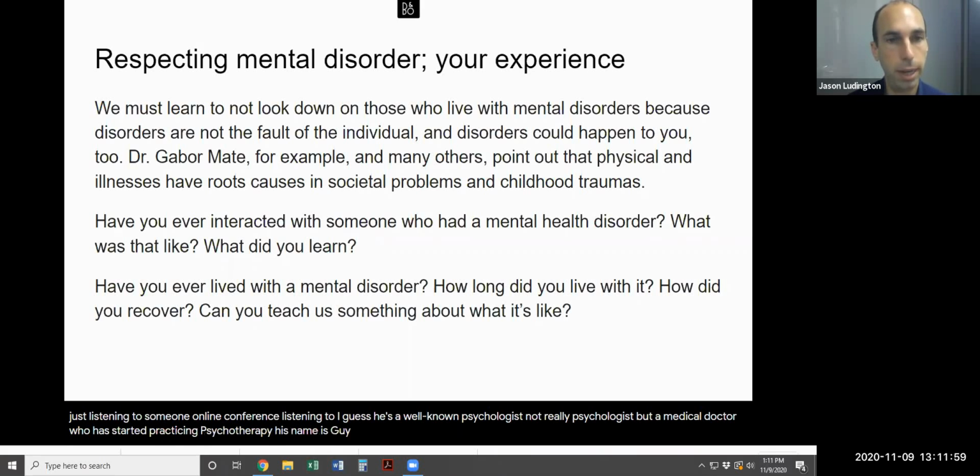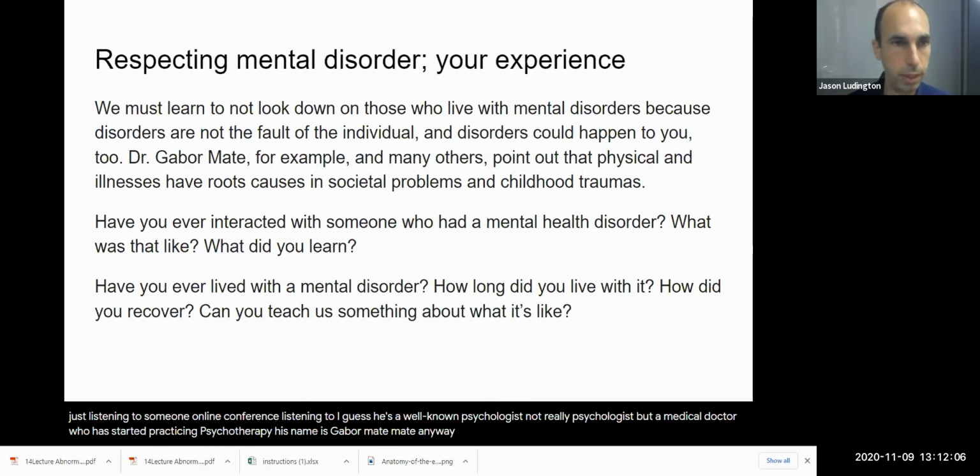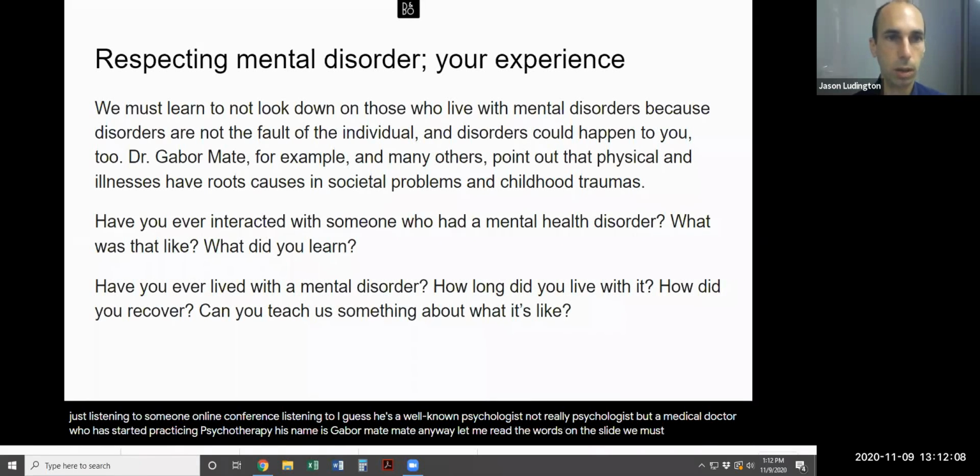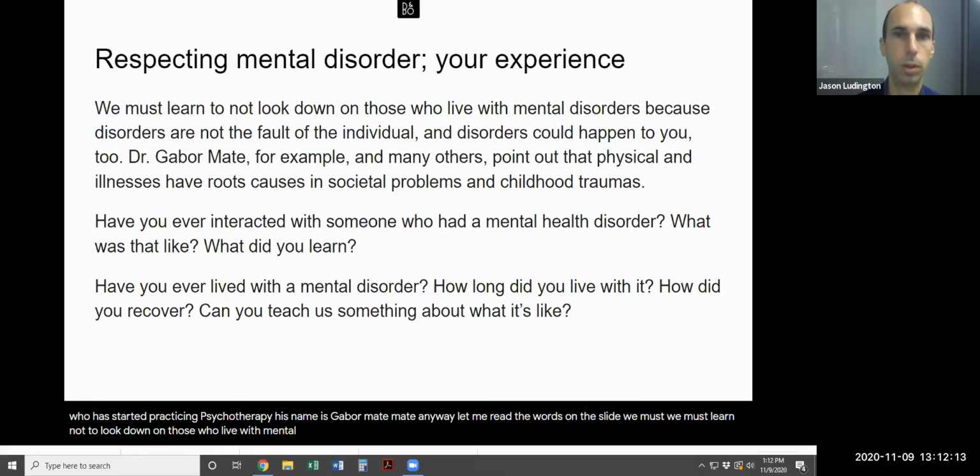His name is Gabor Mate. Anyway, let me read the words on the slide. We must learn not to look down on those who live with mental disorders, because disorders are not the fault of the individual. They could happen to any of us.